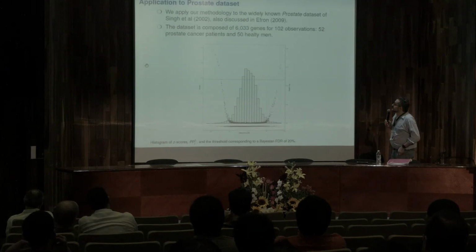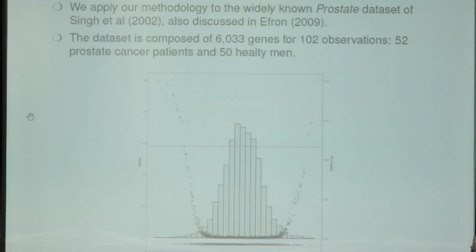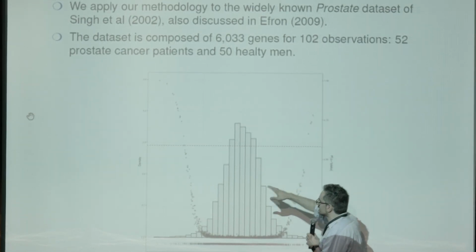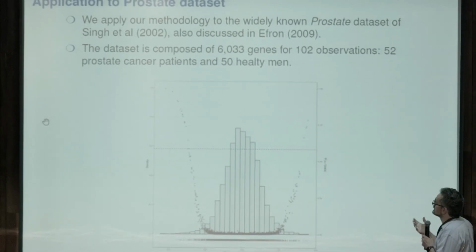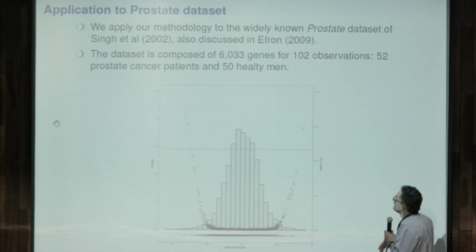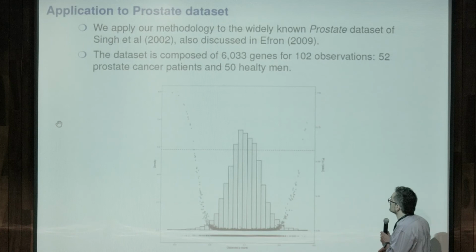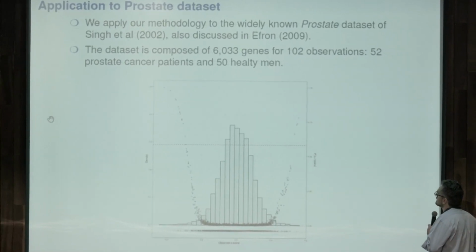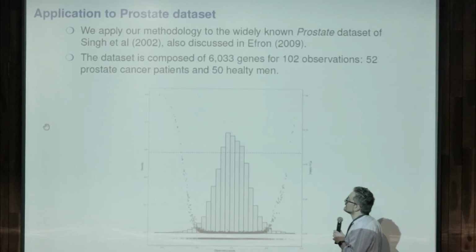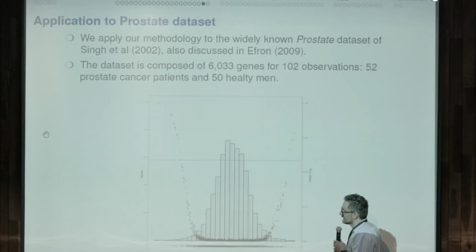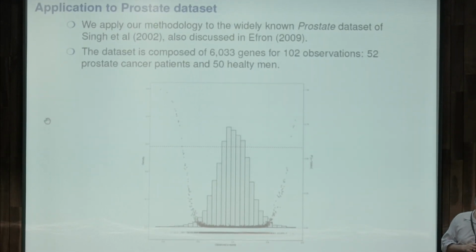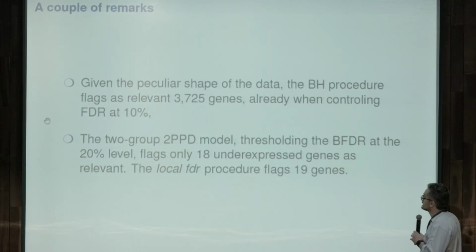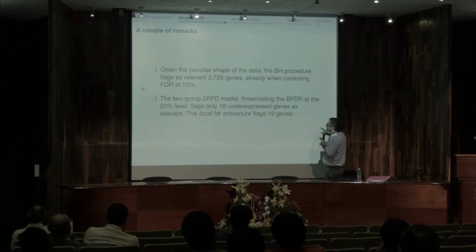Finally, for a simple example, we did use, among others, a data set which is also used by Efron. This is a prostate data set with 6,033 genes for 102 observations. 52 are from prostate cancer patients and 50 from healthy men. When we run our model on this data set, we see a few things.